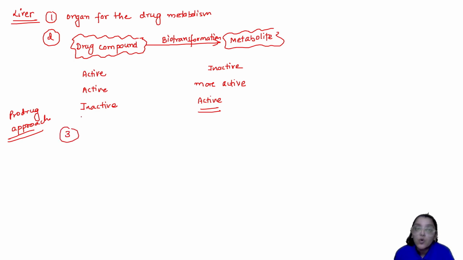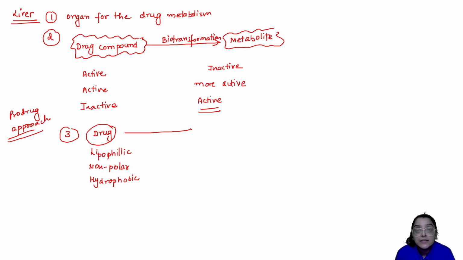Generally, why this biotransformation happens, I have told you. The drug compounds are generally lipophilic. There are more synonyms for it: lipophilic are also termed the non-polar ones or the hydrophobic ones.